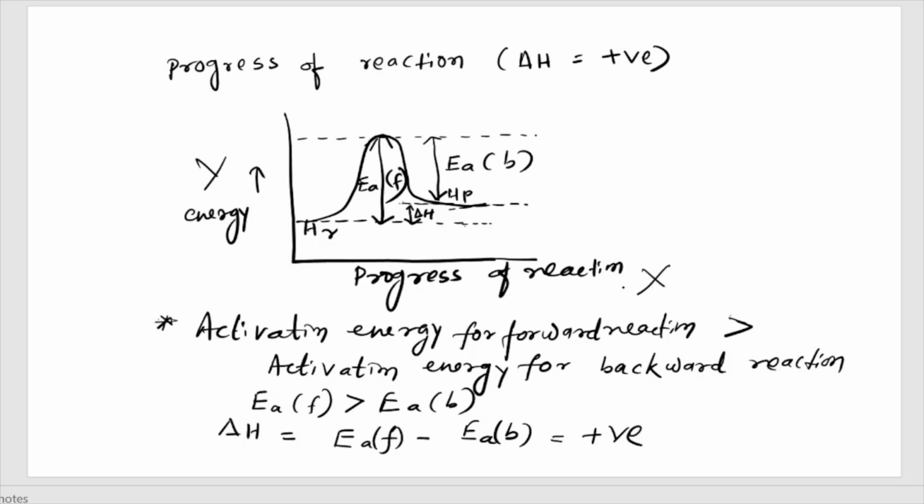And here you can find the EA of the forward reaction is more than the activation energy of the backward reaction.